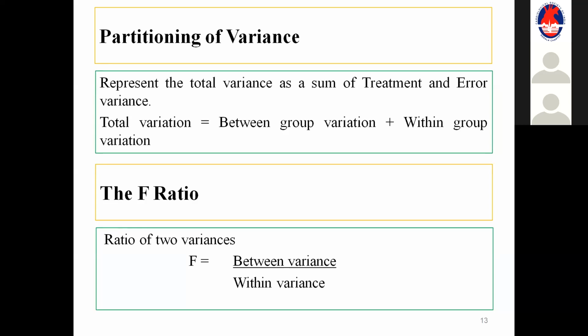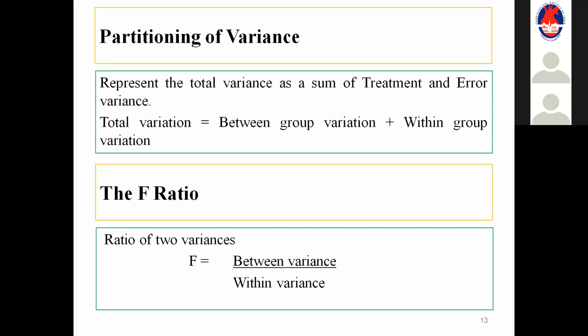As we can see, if we have a higher between variance and lower within variance, or any of these cases, the F value will be higher, because between variance is on the numerator and within variance is on the denominator. In the other scenario, if the between variance is low or within variance is high, or both, the F value will be very low.